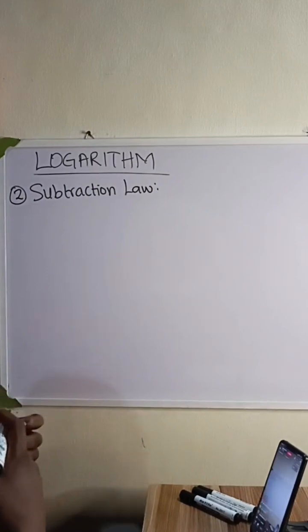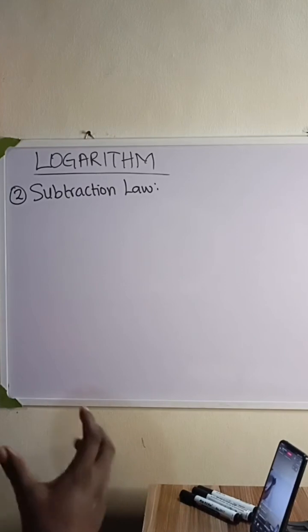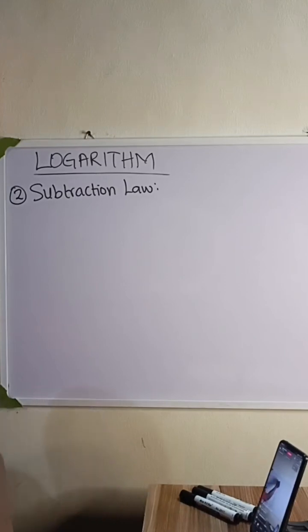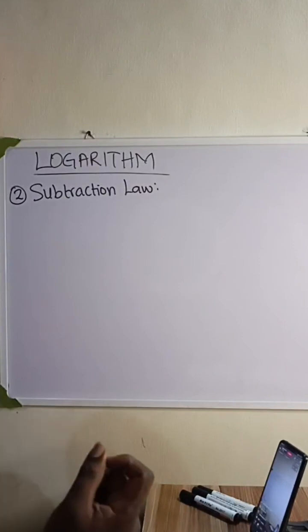So subtraction law, when you are subtracting a logarithm from another logarithm with both having the same base, then you need to divide the first ordinary number by the second ordinary number.